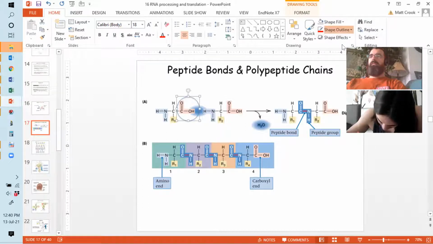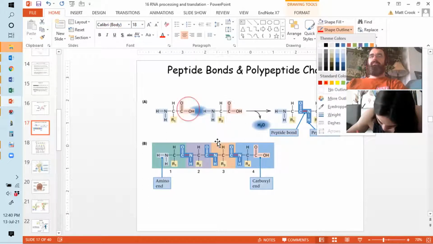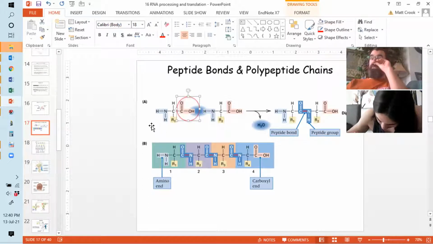Let's actually make it red. And that's carboxyl, so carboxyl is a COOH. That's at the end of every amino acid. That's the acid part of the amino acid.